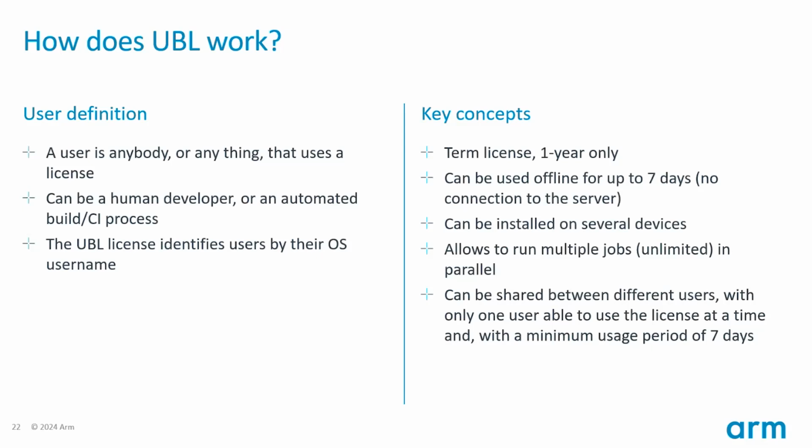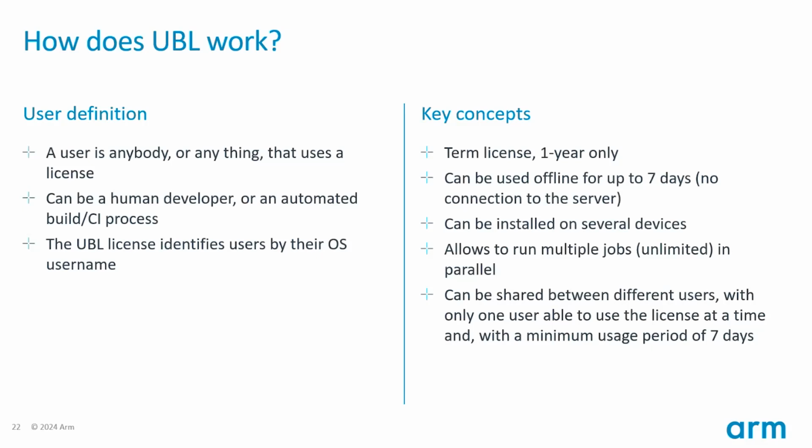So how does that work? Let's define the user. The user is anybody, anything that uses a license. So it can either be a human developer that is sitting in front of one or more machines, and we don't care how many machines he's using, as long as he's using the same user credentials, and this is how we determine the user. Or it can also be an automated build or CI process.